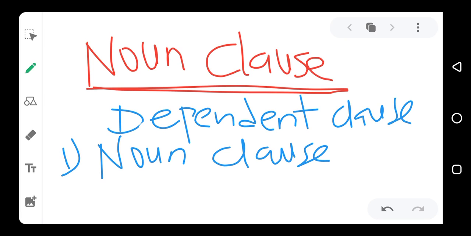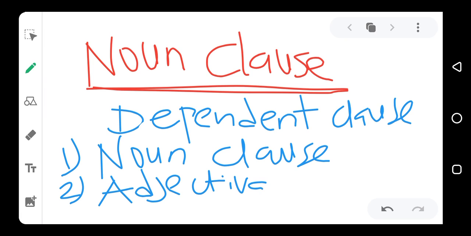We have another one we call adjectival dependent clause, or what we simply call adjectival clause.